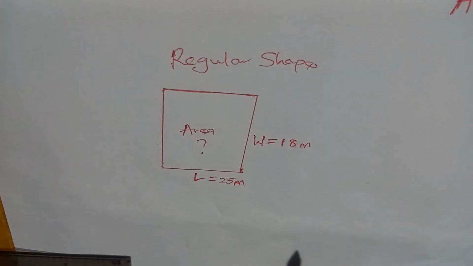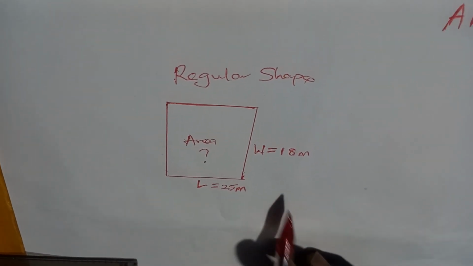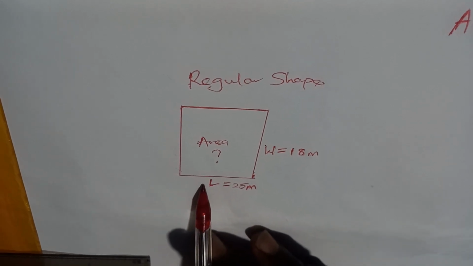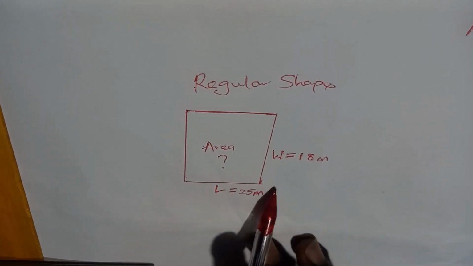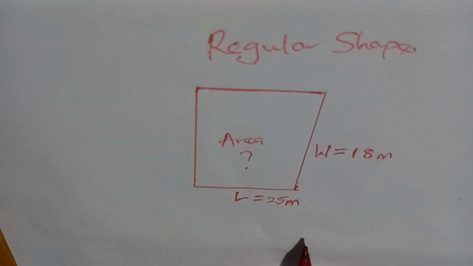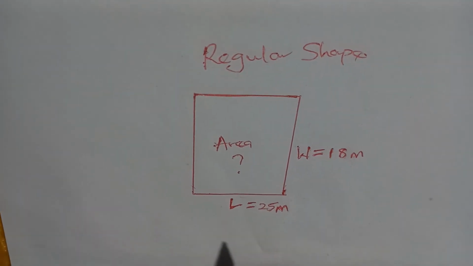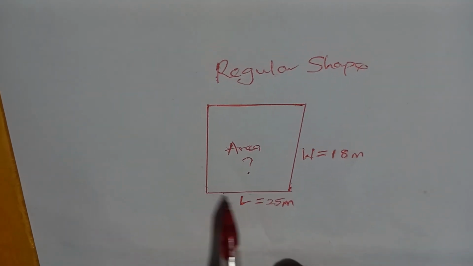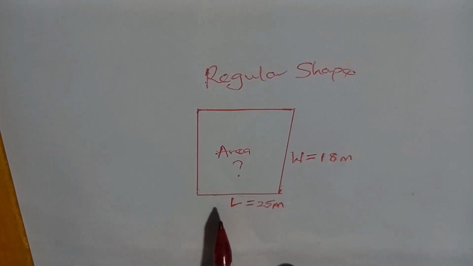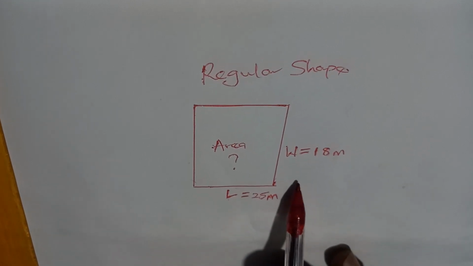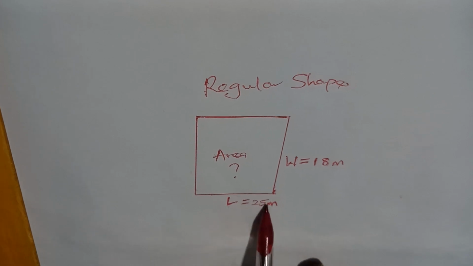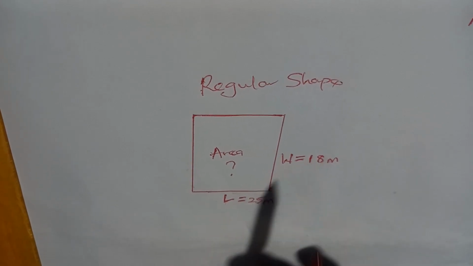The length is going to be longer than the width. From the drawing you can see this side is shorter than this way, but don't mind that, I'm just using this as an example. So my length is 25 meter and the width is 18 meter.